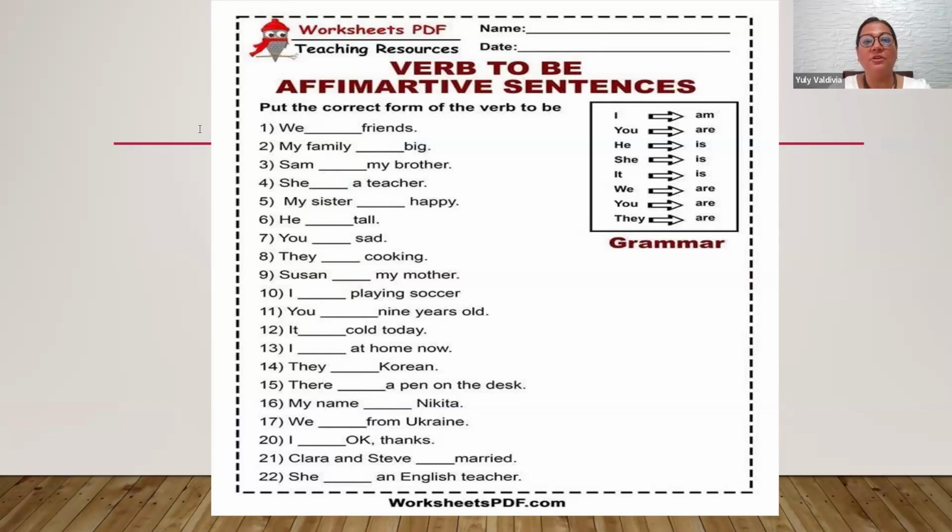I are intelligent, I is intelligent, or I am intelligent. Definitely, that was the correct answer. She is, she am, or she are Colombian. Excellent answer. You are, you am, or you is smart.